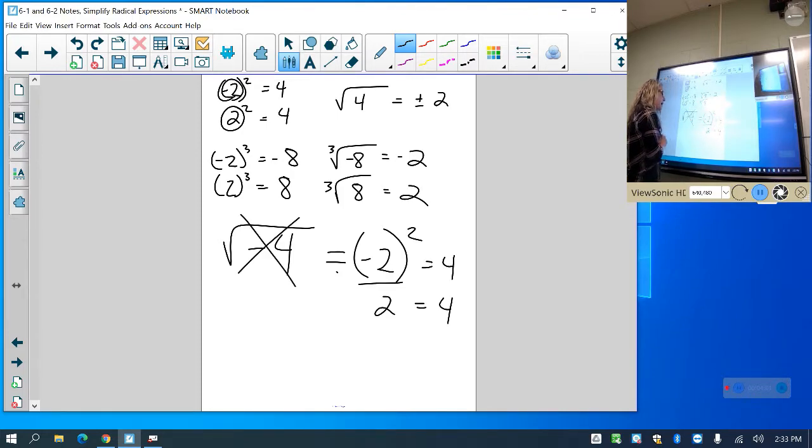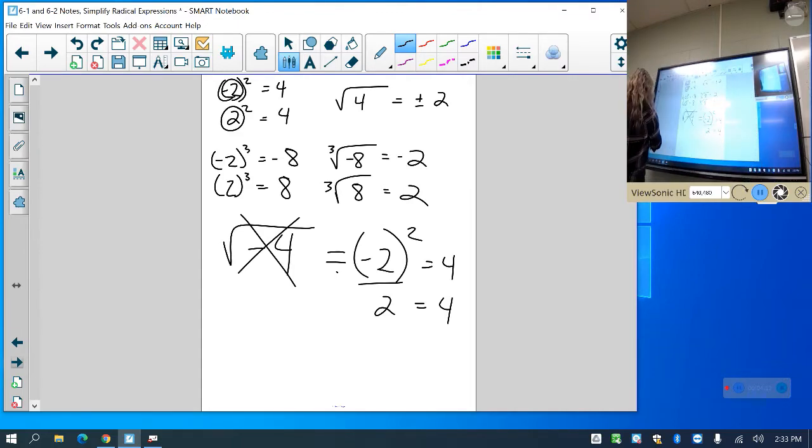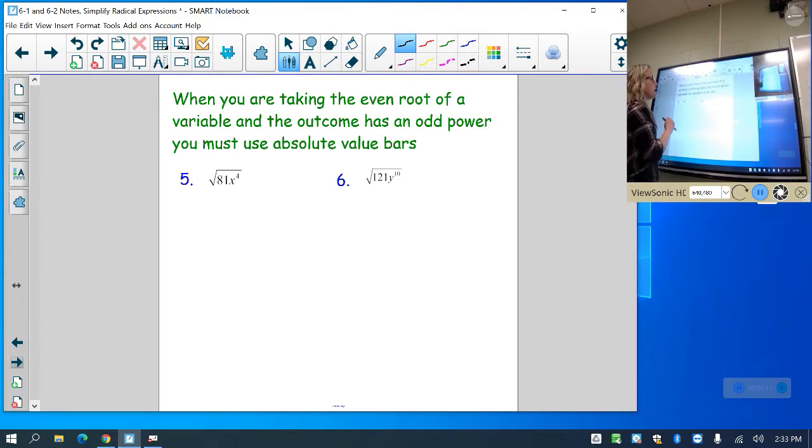So this is not possible. So we have to make sure that when we get our solutions, if we have any odd exponents, we make sure we have the positive solution of them. Okay, and that's why this rule applies. When you are taking the even root of a variable and the outcome has an odd power, you must use absolute value bars to make sure that odd power only has a positive solution.